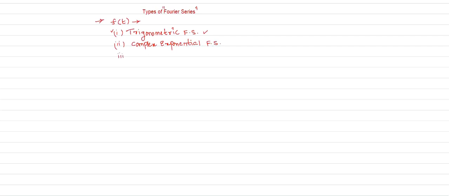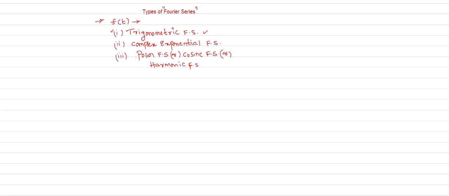So the third one is polar Fourier series expansion, or this is also called cosine Fourier series representation, or harmonic Fourier series expansion.